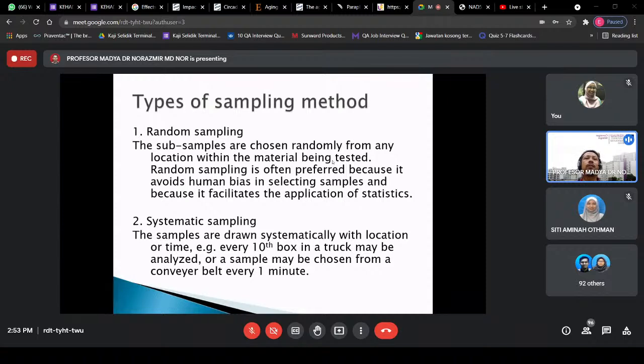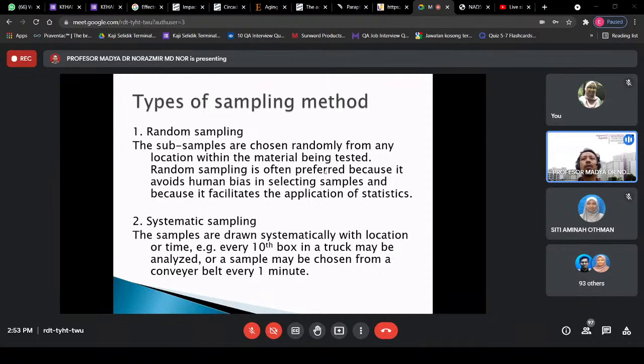Random sampling is often preferred because it avoids human bias in selecting samples and because it facilitates the application of statistics. That's why random sampling becomes the main sampling method, because there is no human bias.